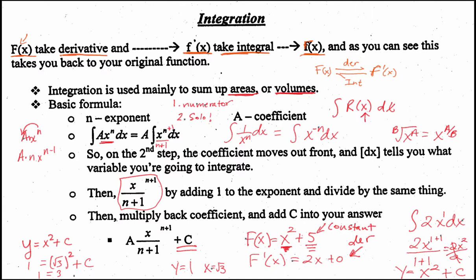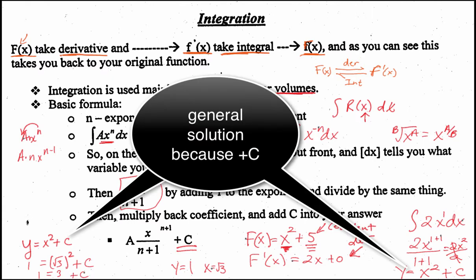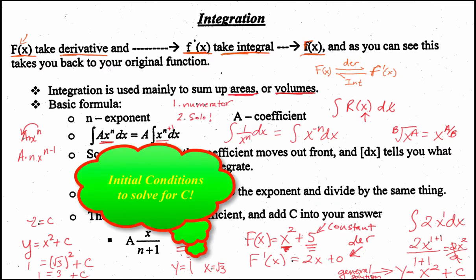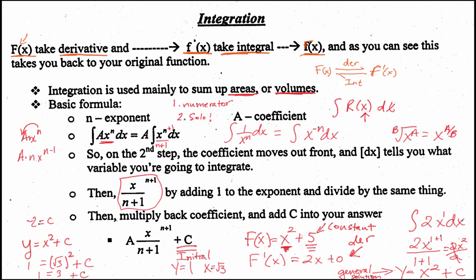It would be -2, and then you would plug in. Okay, so this would be referred to as what's called a general solution. But once you figure out what c is with these initial conditions, that's a particular solution. So your particular solution in this case would be x squared minus 2.